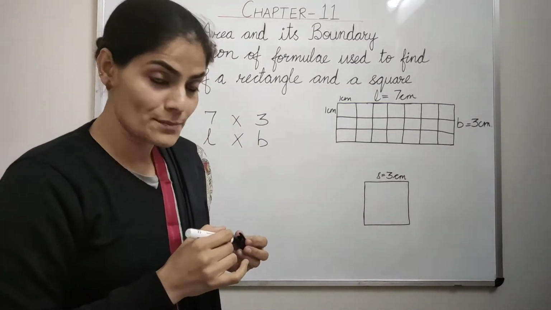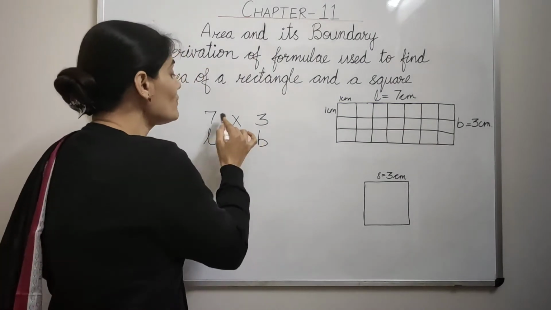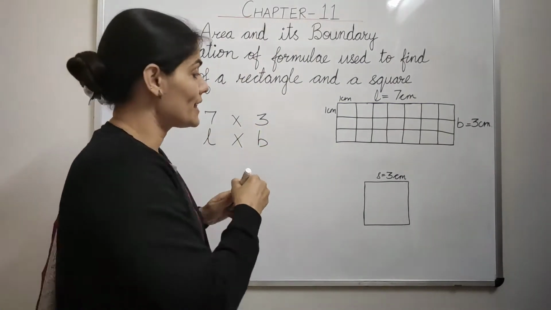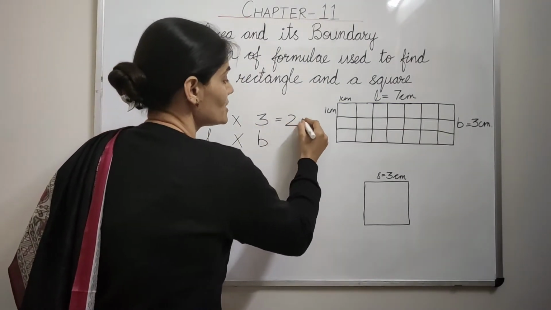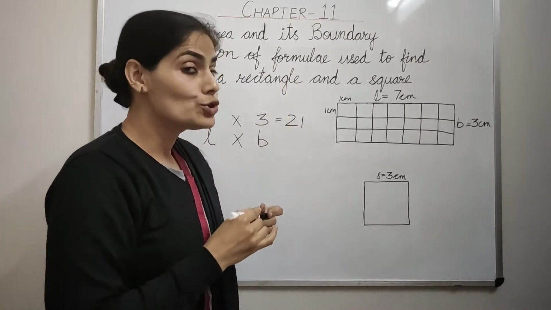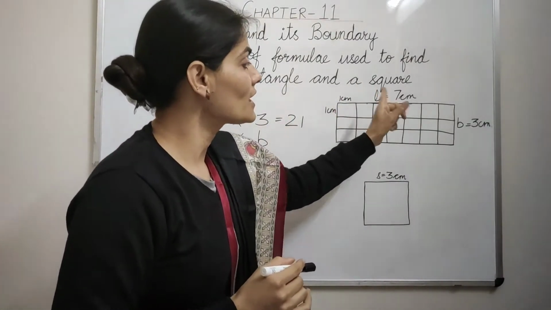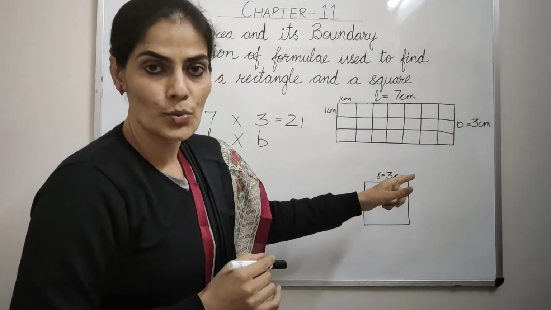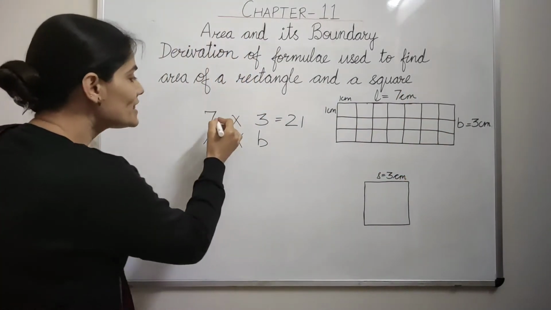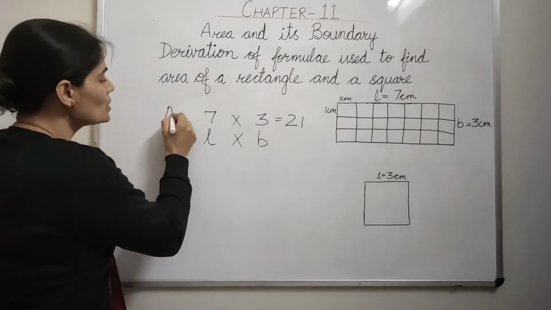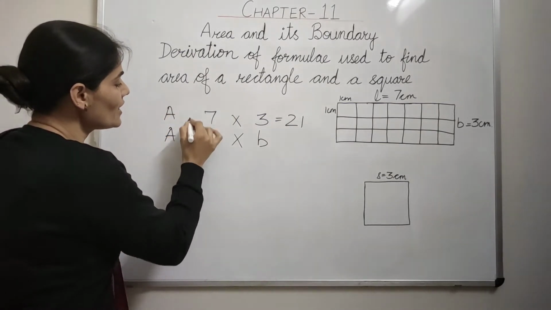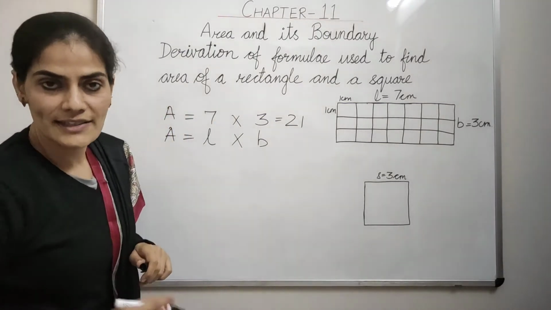We multiply. Now 7 threes are 21. And do you remember? We got the same answer when we counted each of these unit squares. So this is the formula to find the area of a rectangle.